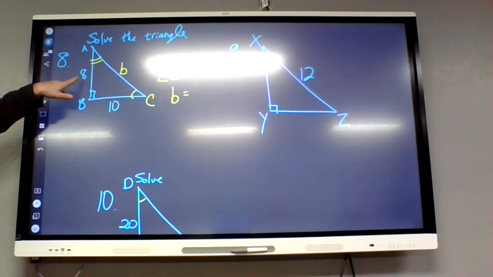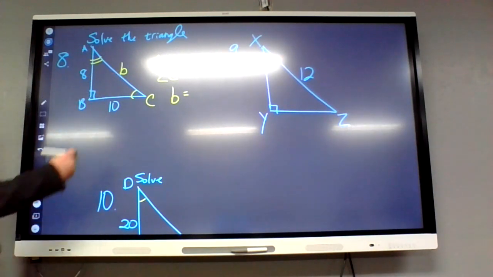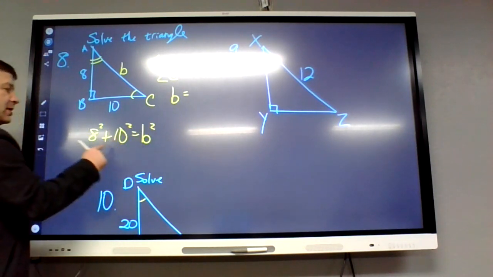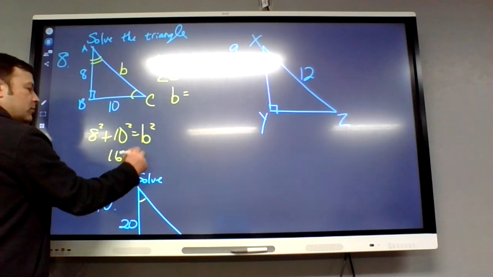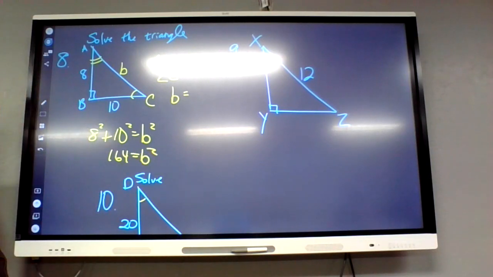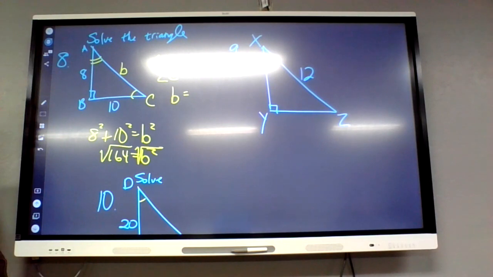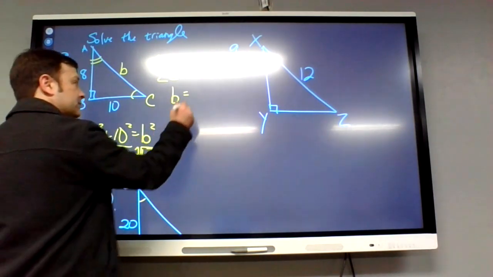Pythagorean theorem. Because we know two sides of a right triangle, you could do a squared plus 10 squared equals b squared. This would be 164. Then what do we do? Square root, which is 2 square root of 41.